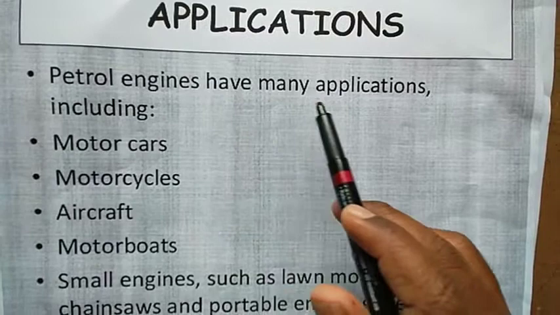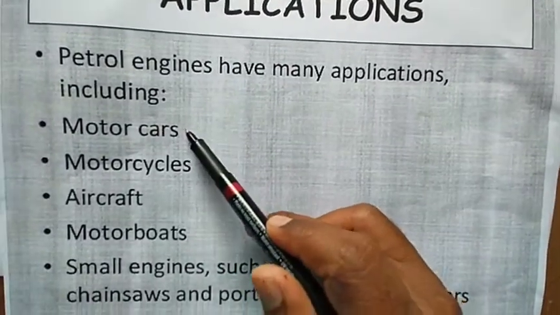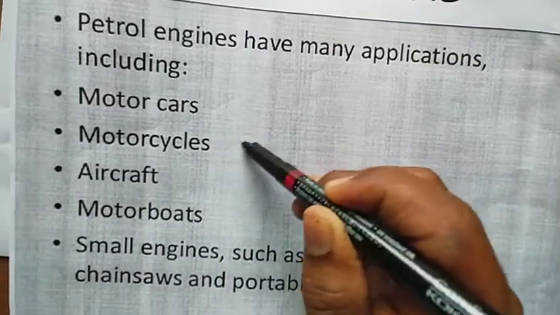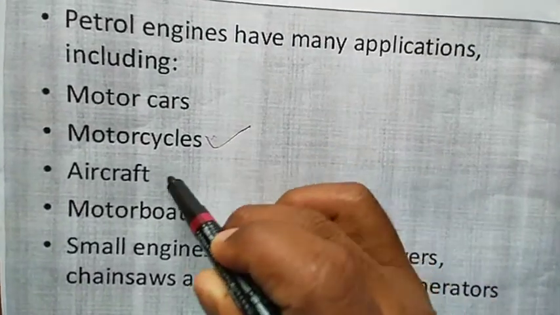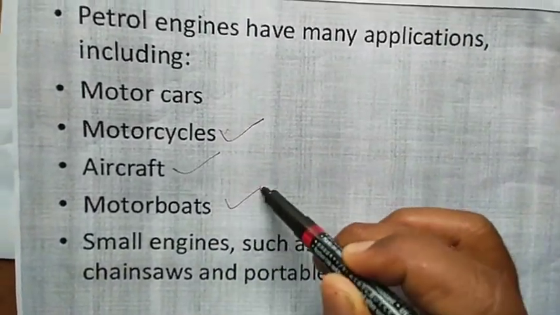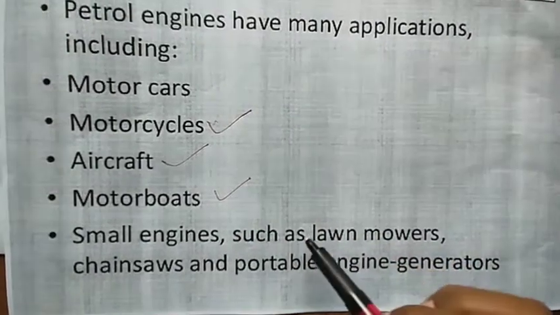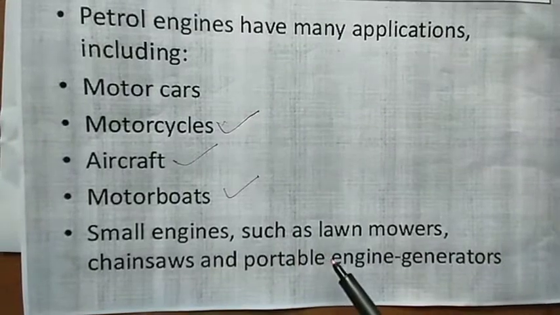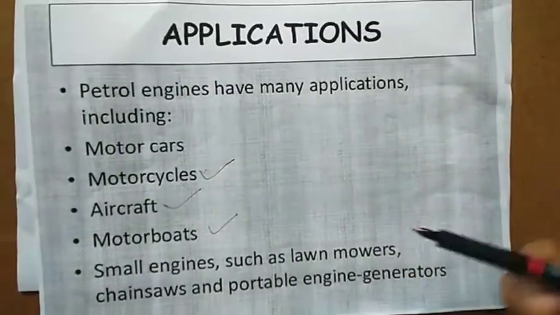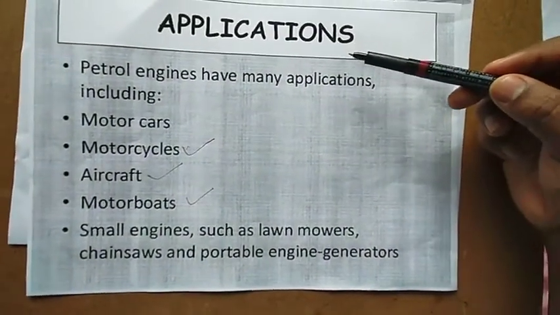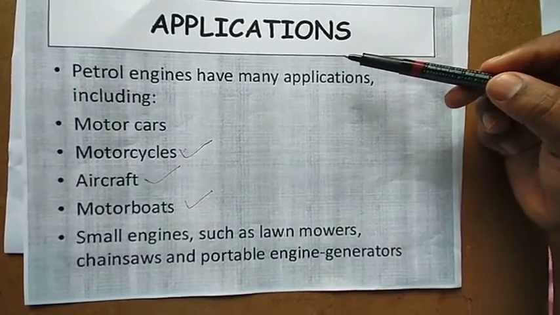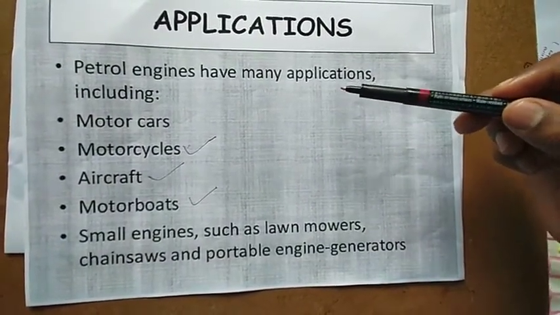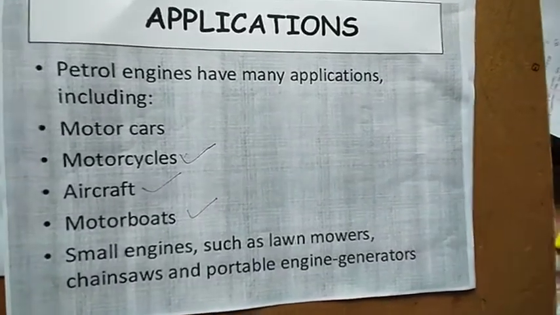Petrol engines have many applications, including motor cars, motorcycles, aircraft, motorboats, and small engines such as lawn mowers, chainsaws, and portable engine generators. So these are the practical applications of petrol engines. It may be a two-stroke petrol engine or a four-stroke petrol engine.